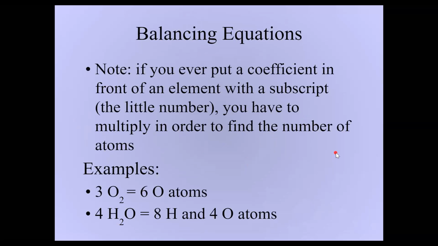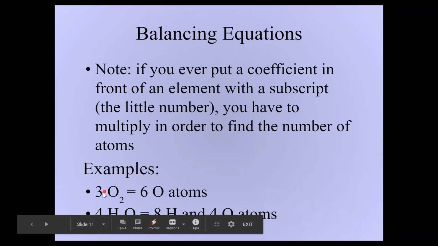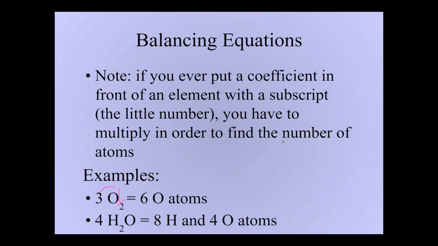One quick thing that I wanted to mention before we do get to more examples is that if you ever put a coefficient in front of an atom or a compound that has a subscript, the little number, you're going to multiply the coefficient by the subscript in order to end up with your final number of atoms.